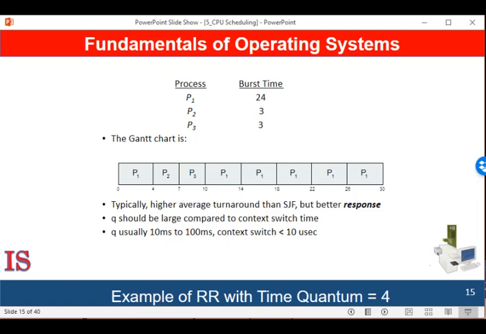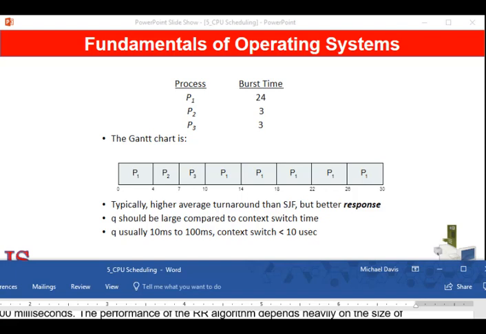For example, with 5 processes and a time quantum of 20 milliseconds, each process will get up to 20 milliseconds every 100 milliseconds. The performance of round-robin depends heavily on the size of the time quantum. At one extreme, if the time quantum is really large, the round-robin policy is the same as the first-come, first-served policy.